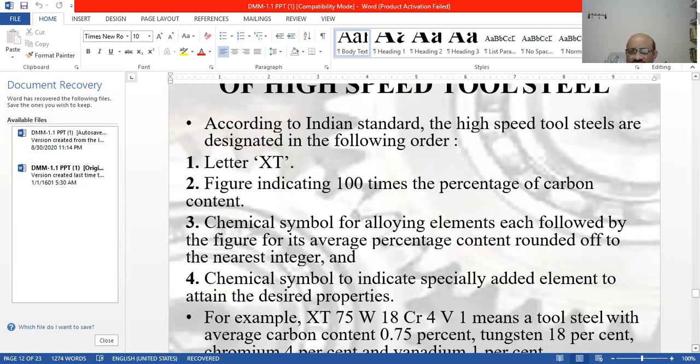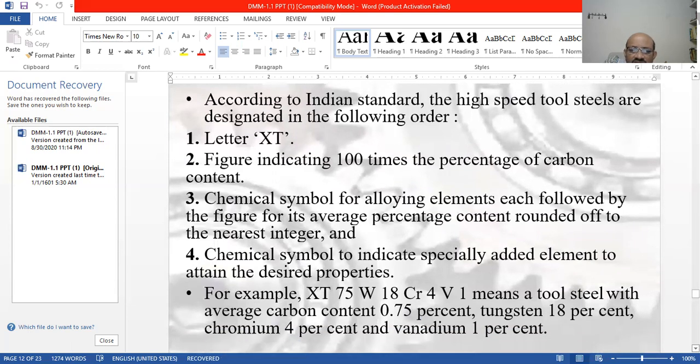And tungsten is 18%, clearly mentioned there, 18%. And chromium is 4%. And vanadium is 1%.